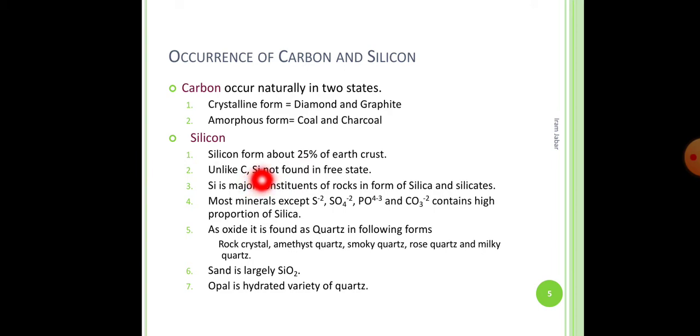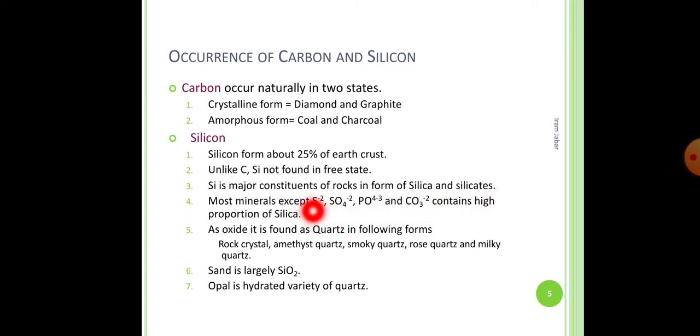And silicon is not found in free state, which I will tell you in the next lecture why silicon does not exist in free state. Silicon is a major constituent of rocks in the form of silica and silicates.